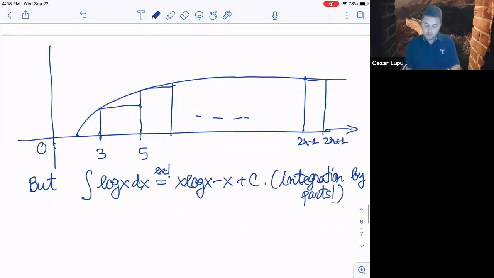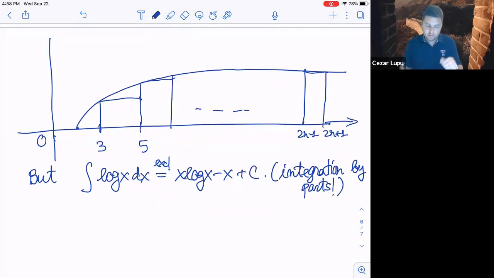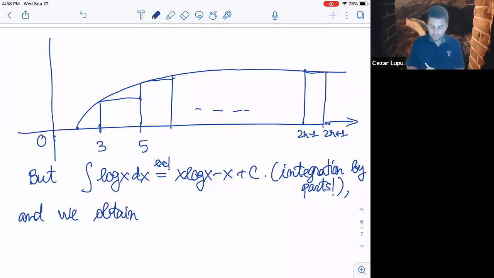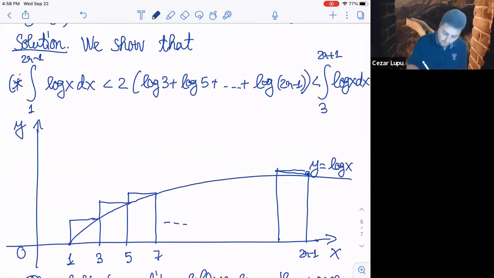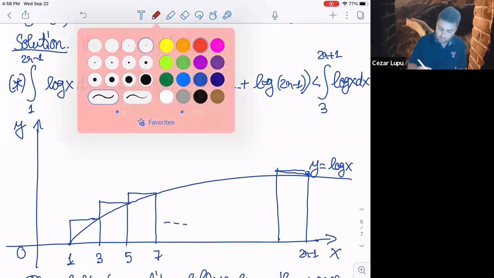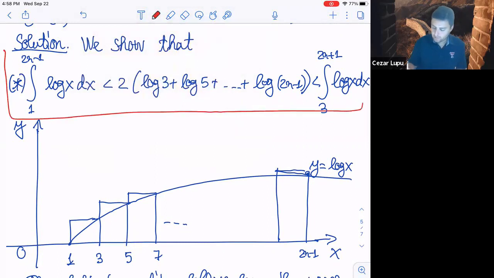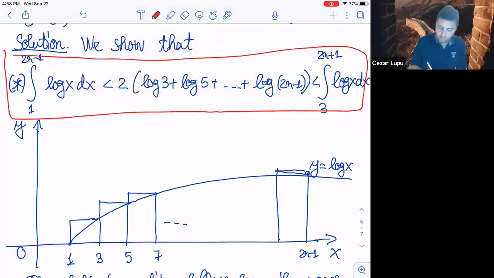Well, basically we obtain our inequality. So we have this inequality, let's call this star.